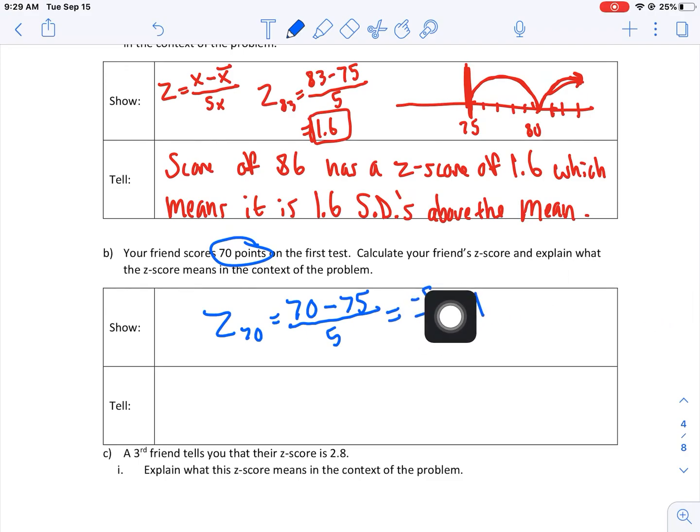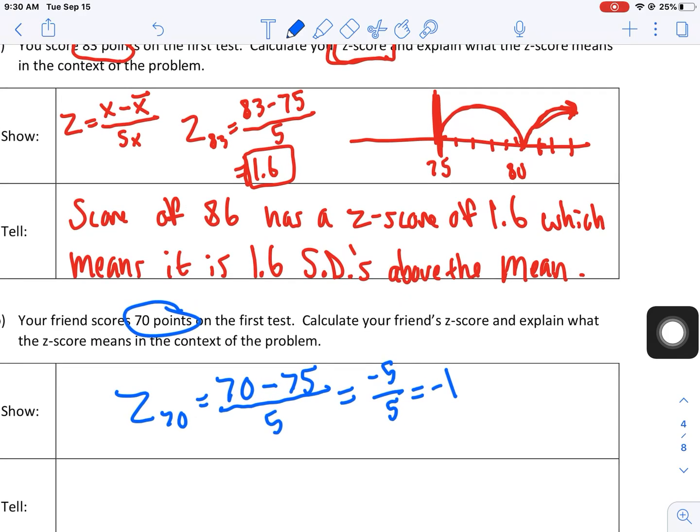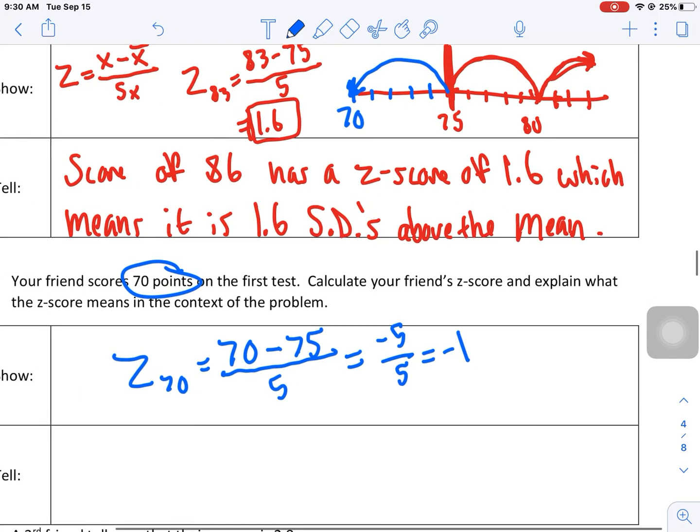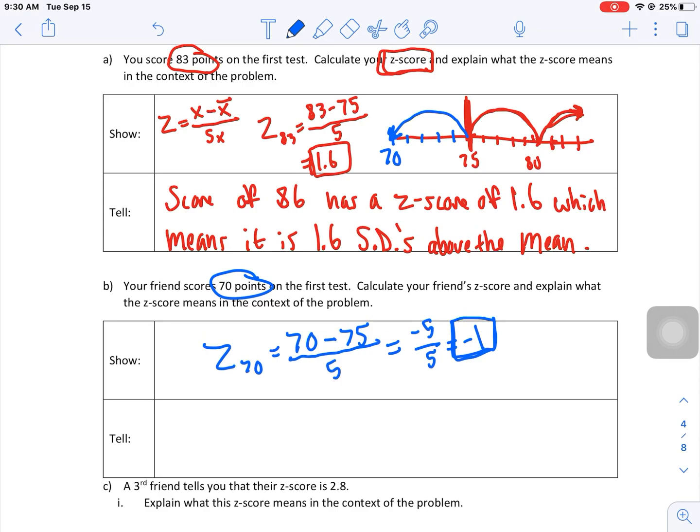I'm going to draw the picture up here. You don't have to draw this right now, but here's 70, and remember, one standard deviation is 5. This value of 70 is exactly one standard deviation away from the mean, but in the negative direction. That's why we got a z-score of -1. So z-scores that are negative mean they're below the mean. Positive z-scores mean they are above the mean.